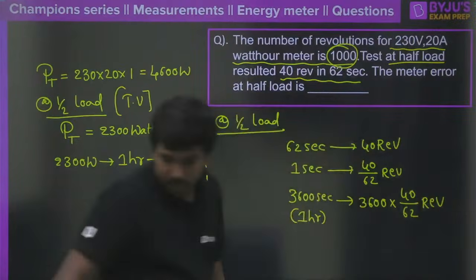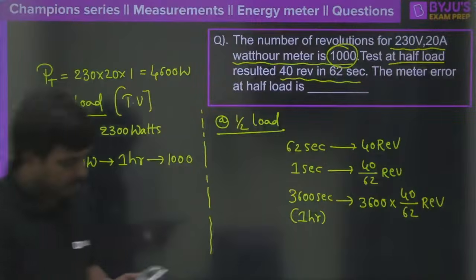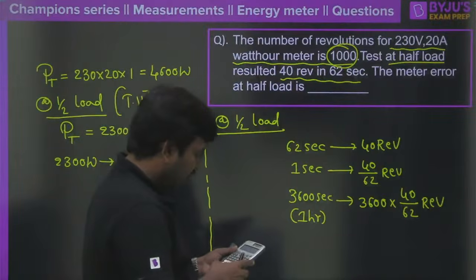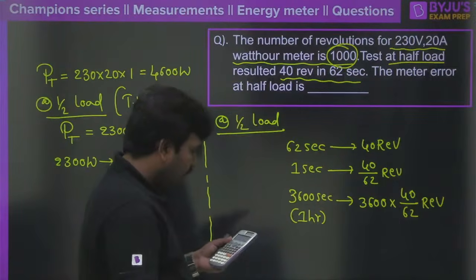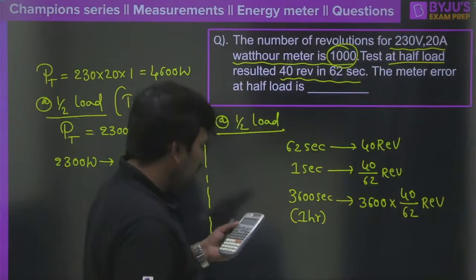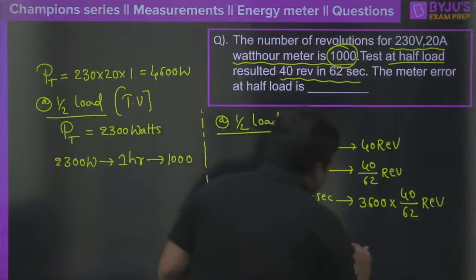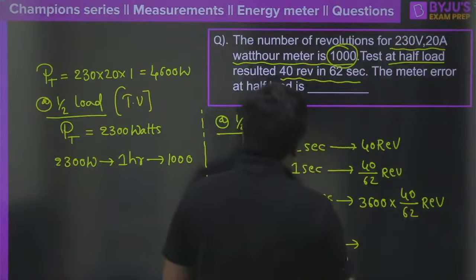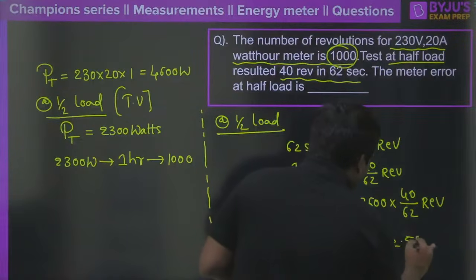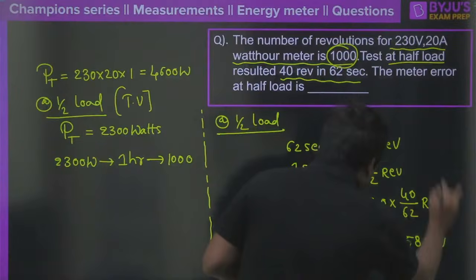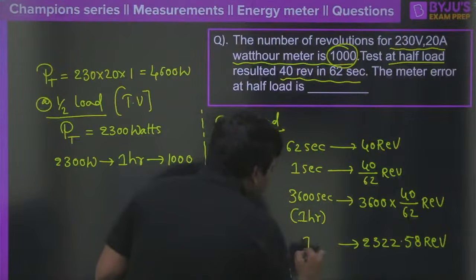Can you tell me what is that number? 3600 into 40, divided by 62, I got something like 2322.58 revolutions, and that is for 1 hour time here.